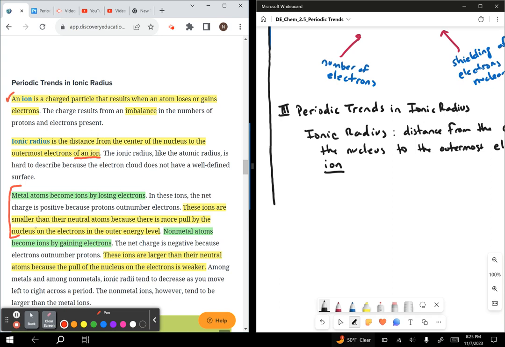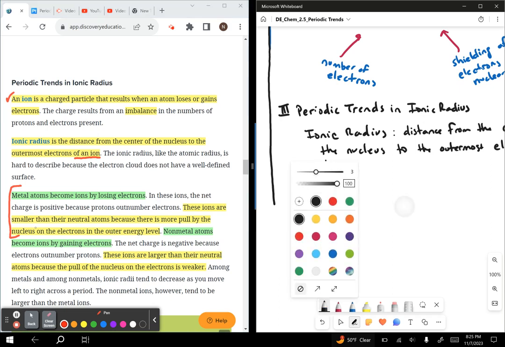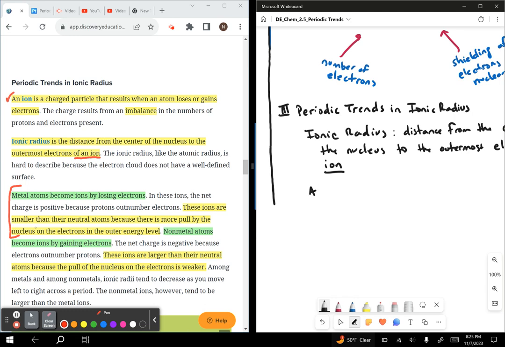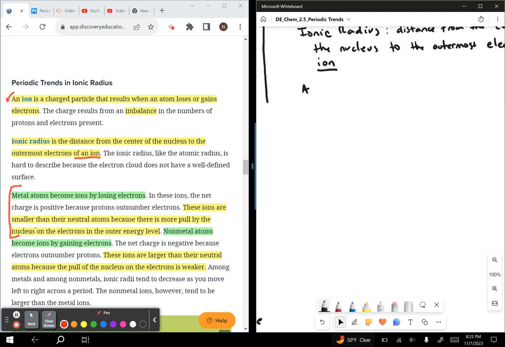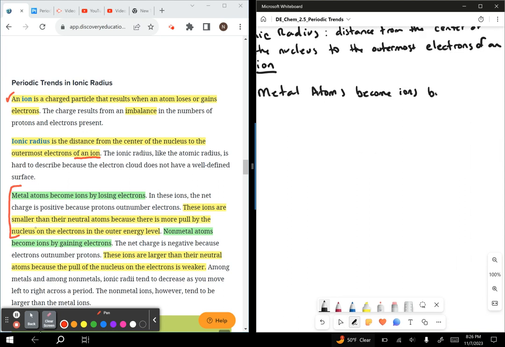So let's put down a capital A: metal atoms become ions by losing electrons.